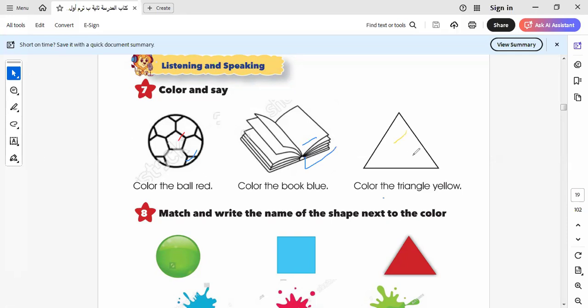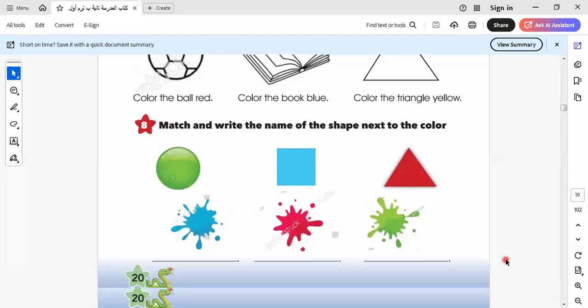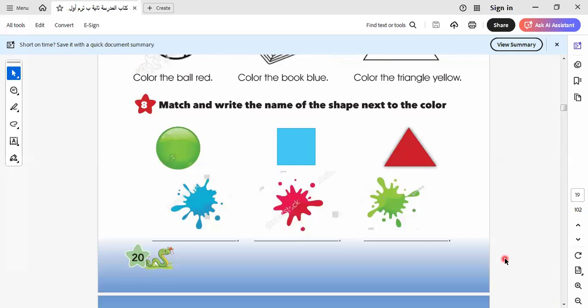So this is yellow, blue, and red. I think now we know the difference between the colors. I will leave this part for you to do by yourself. I know you are creative in coloring. I will leave you the link of this book below the video to download it and answer the questions.